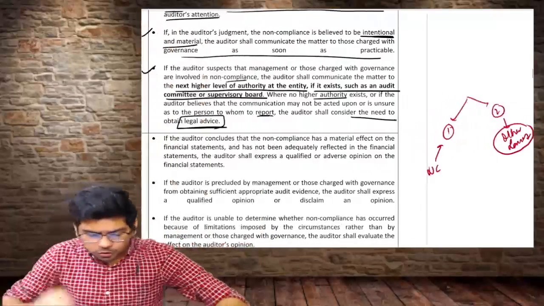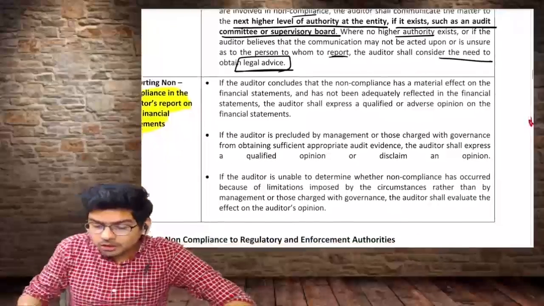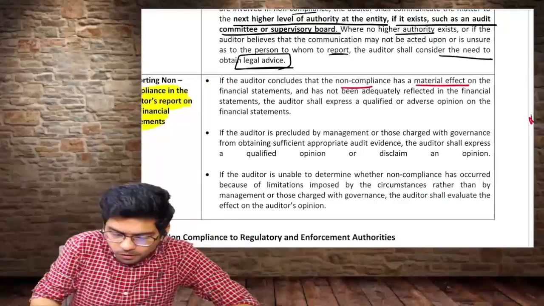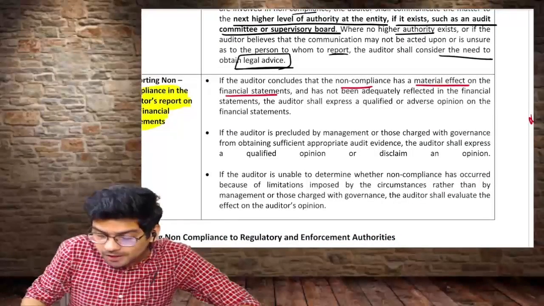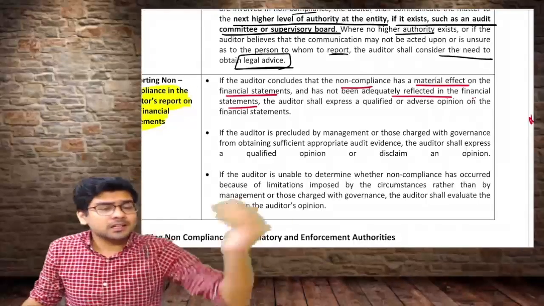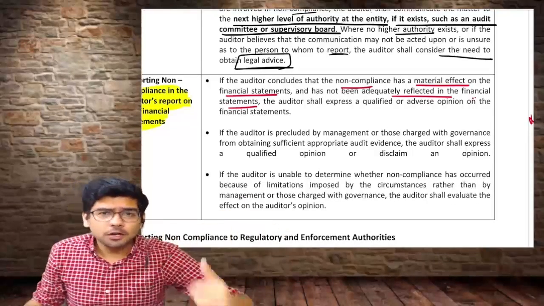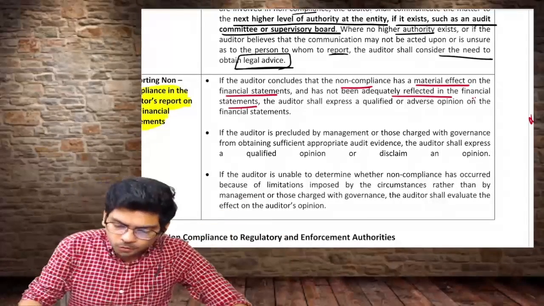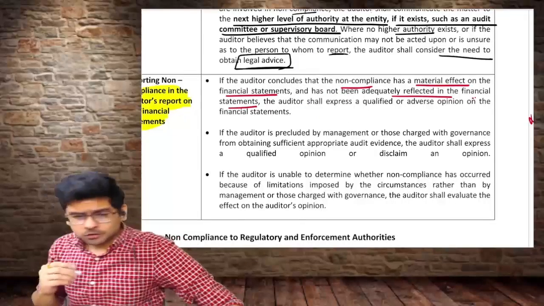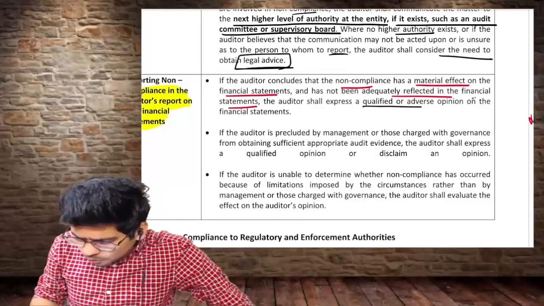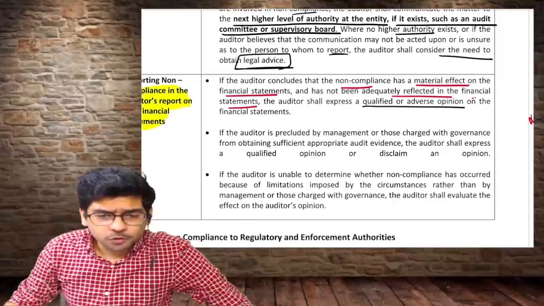If the auditor concludes that the non-compliance has a material effect and has not been adequately reflected in the financial statements, I ask the management to make provisions. They did not make it. So in this case, I am going to issue either a qualified opinion or an adverse opinion.